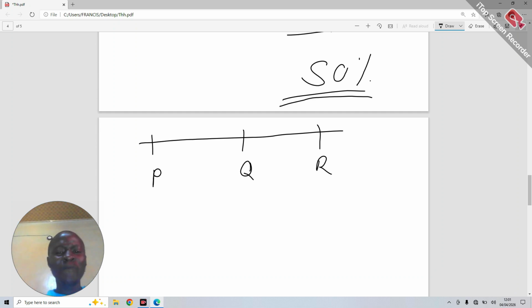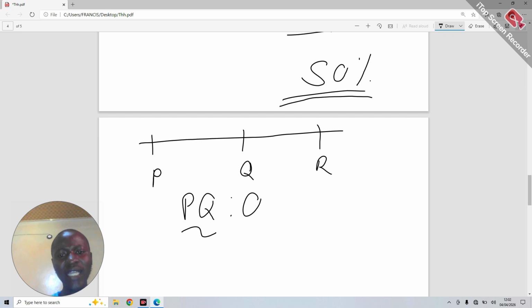Now, when you want to prove collinearity, you must choose which vectors you are using. For example, if it was me, I will use vector PQ together with vector QR.